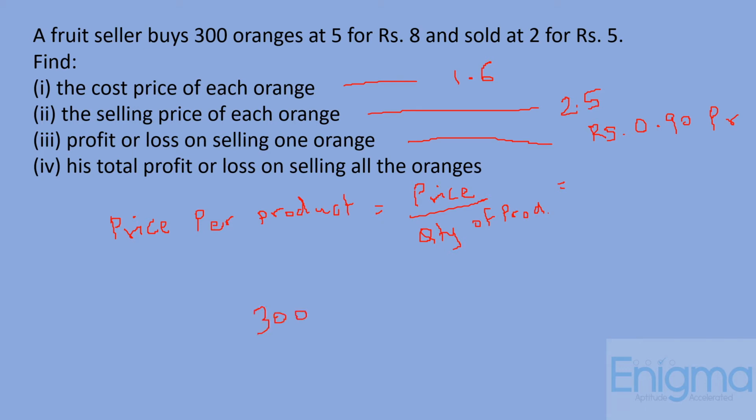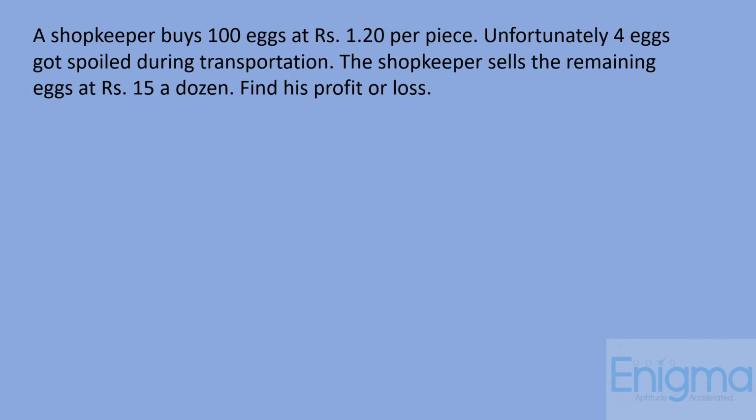So 300 into 0.9, you get the final answer as 270. Correct? So this is the basic concept. Many students get confused with this thing. So write it down if you want. It will always be price upon quantity. Okay, let's try the next question. Try to solve this one.